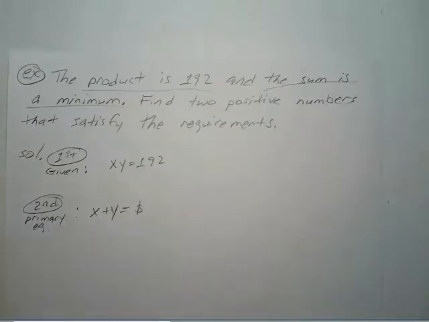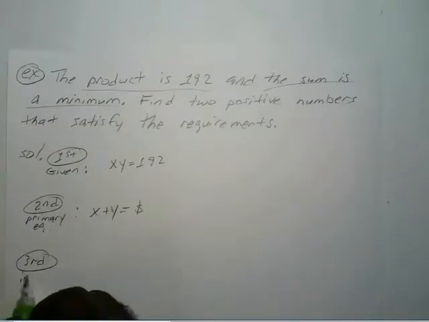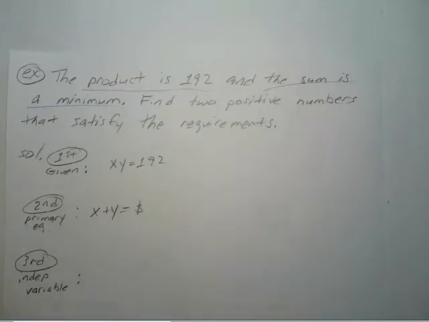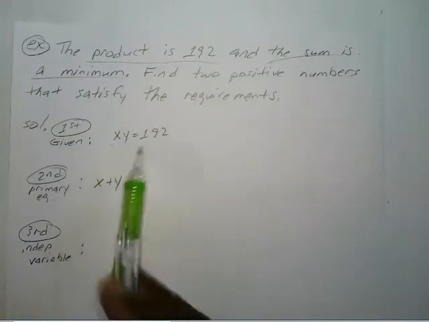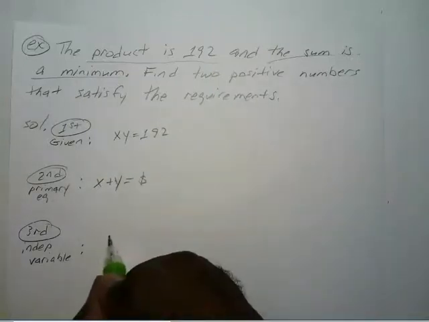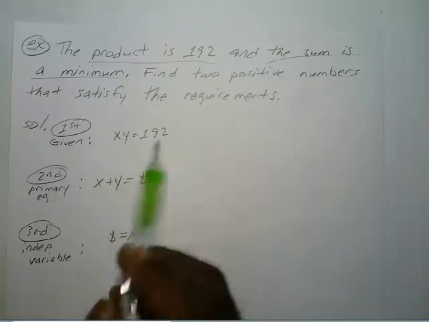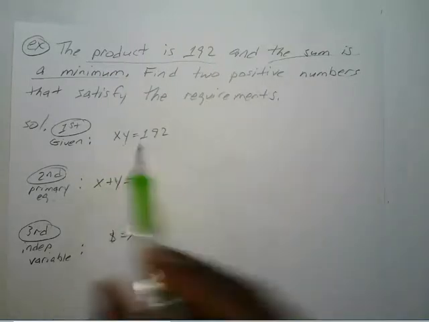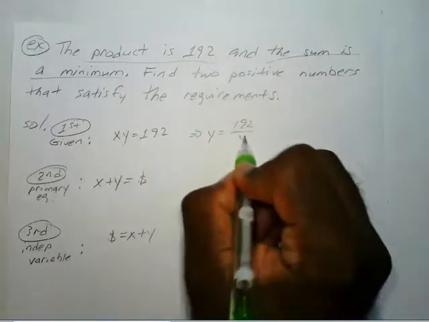Now third, remember that optional third step, where you want one independent variable? Here you have x and y, and you don't want a variable of just x and y. So we have s equals x plus y. But what we're going to do up here is divide both sides by x, so we have y equals 192 over x.